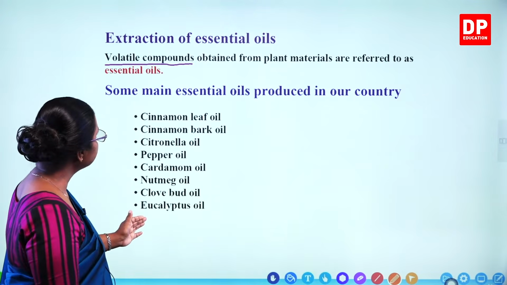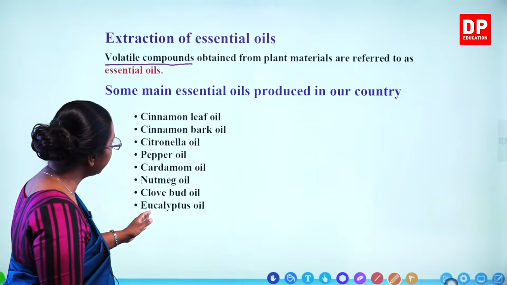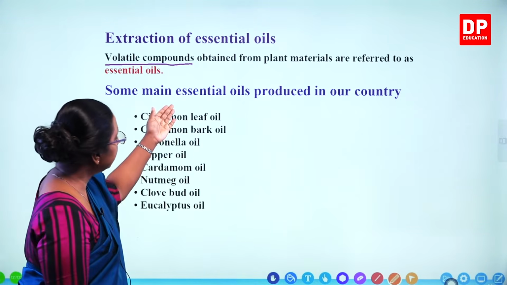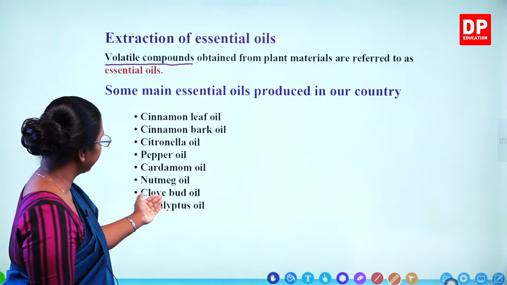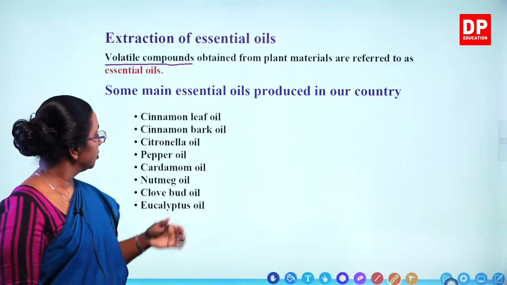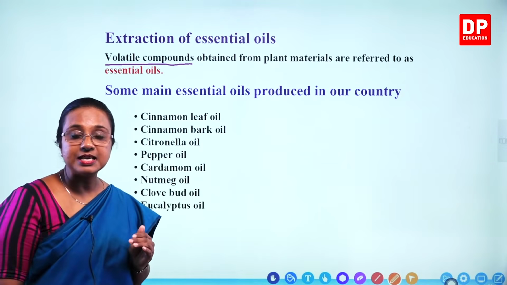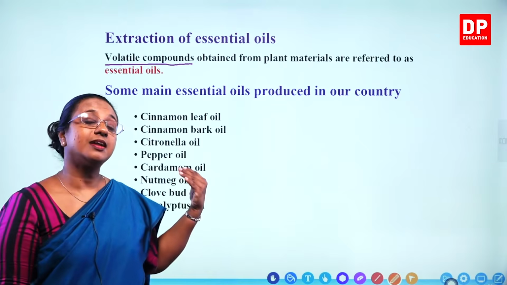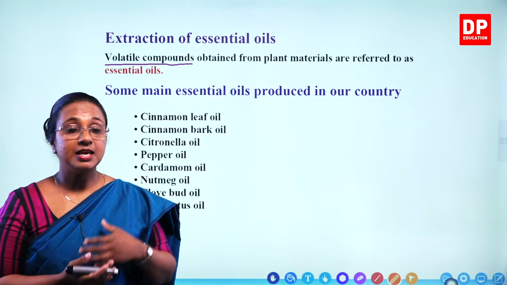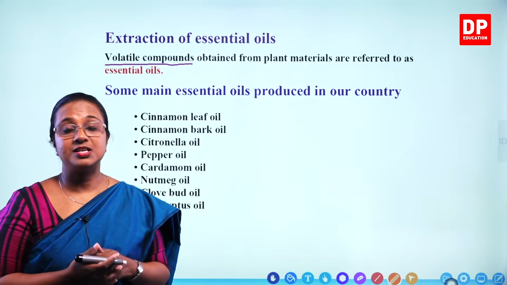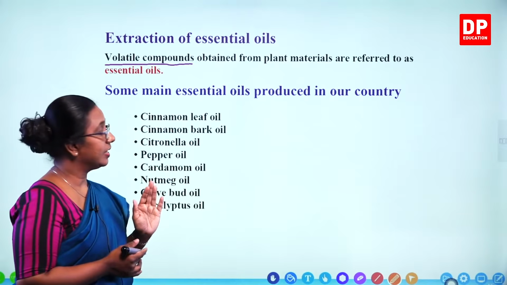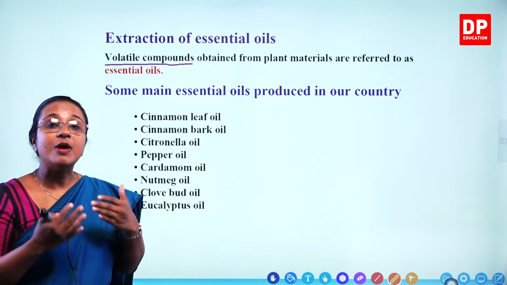So here you can see there are different plants and different parts like leaf, bark, then you can see the bud, again eucalyptus is the leaf. So here you can understand that we can extract these essential oils from different parts of plants, even floral parts of plants which give different fragrance. And all these oils have a lot of value.